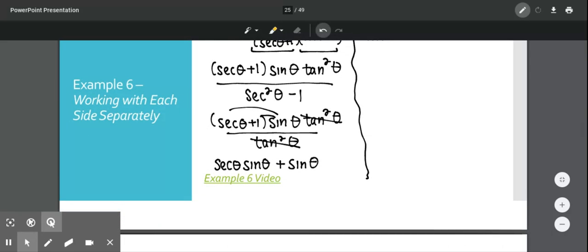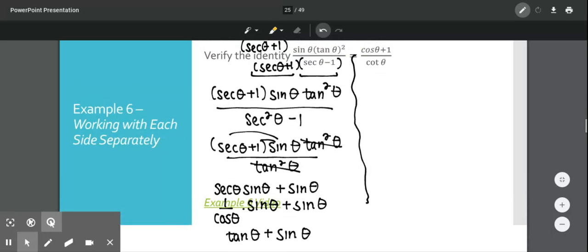So if this is 1 over cosine, you have 1 over cosine of theta times the sine of theta plus the sine of theta. You would have sine over cosine, so we would have tangent plus sine. And at that point, you're probably a little bit stuck on the left, right? And you're not quite there on the right.